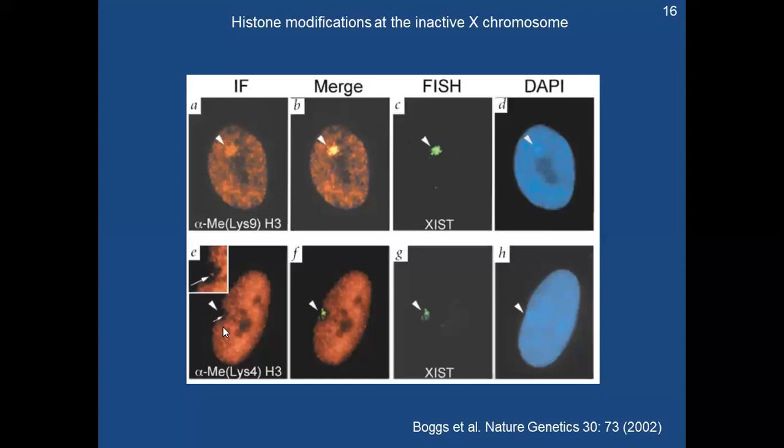Why do you expect that in the bar body center? Xist must be produced. That's right. So you have to have Xist transcription ongoing. So it is possible that maybe this tiny spot is the region where Xist is transcribed. It's a very likely possibility.